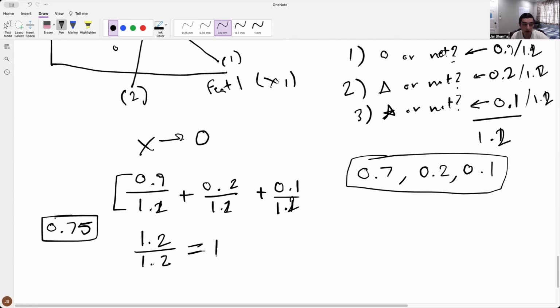So it's a 75% chance of being a circle. And then what is this? Approximately 0.16, I think. And then this should be 0.08. But basically, all of these would end up adding to 1. So there's an 8% chance, 16% chance, 75% chance for each of these classes respectively.